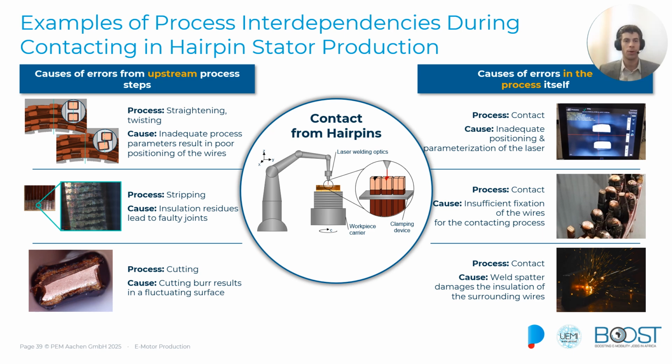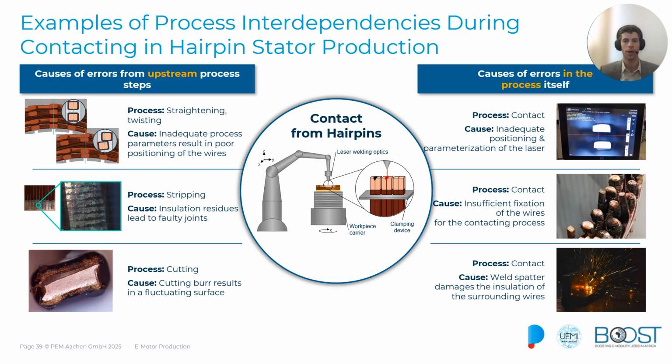We already learned that the process steps in the hairpin stator production are highly interdependent. A good example is the welding process. That's the point where errors in earlier process steps become obvious.